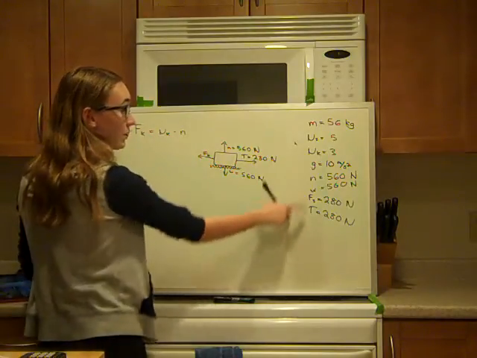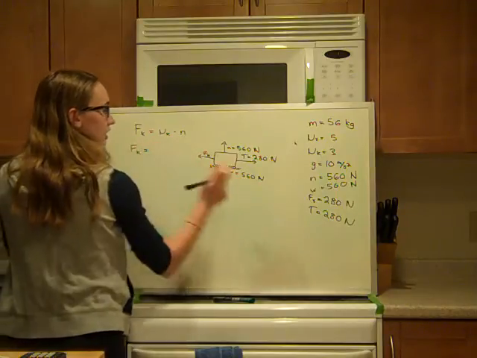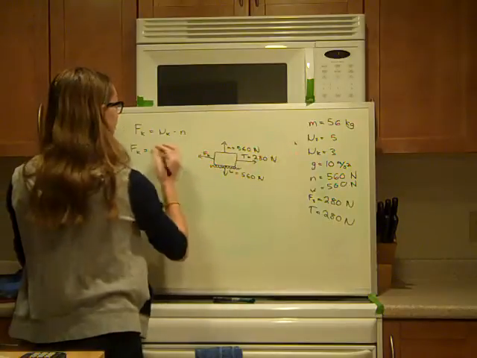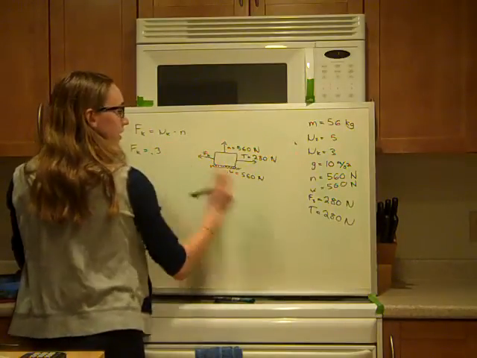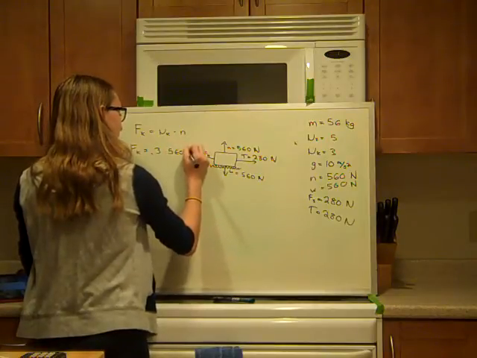Alright, so we have our normal force from before, so the kinetic friction is equivalent to the coefficient of kinetic friction for this floor is 0.3 times the normal force, 560 newtons.